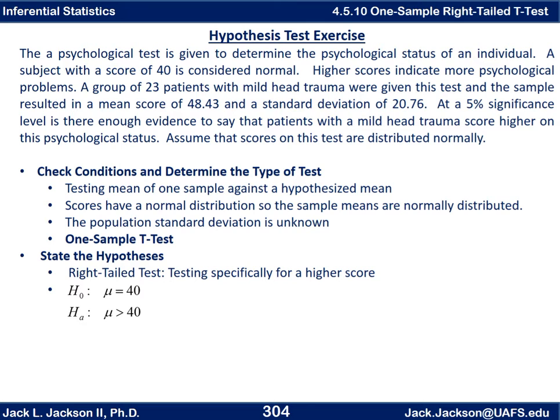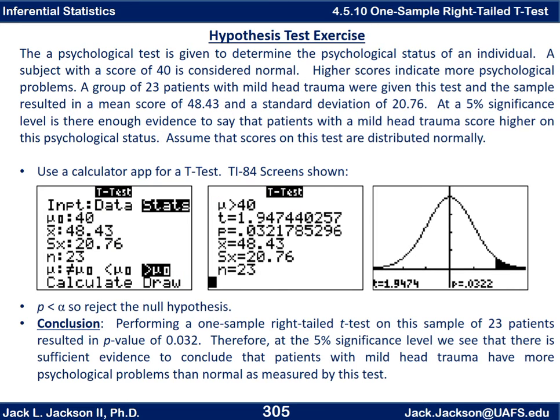However, if this is a different subpopulation than all people, then we might have a higher score, and certainly our sample mean of 48.43 was more than the hypothesized mean of 40. The question again becomes, is this most likely to occur because there's something different about these patients with head trauma, or is it just due to random variation? So our alternative hypothesis is that mu is greater than 40, so it's a right-tailed test.